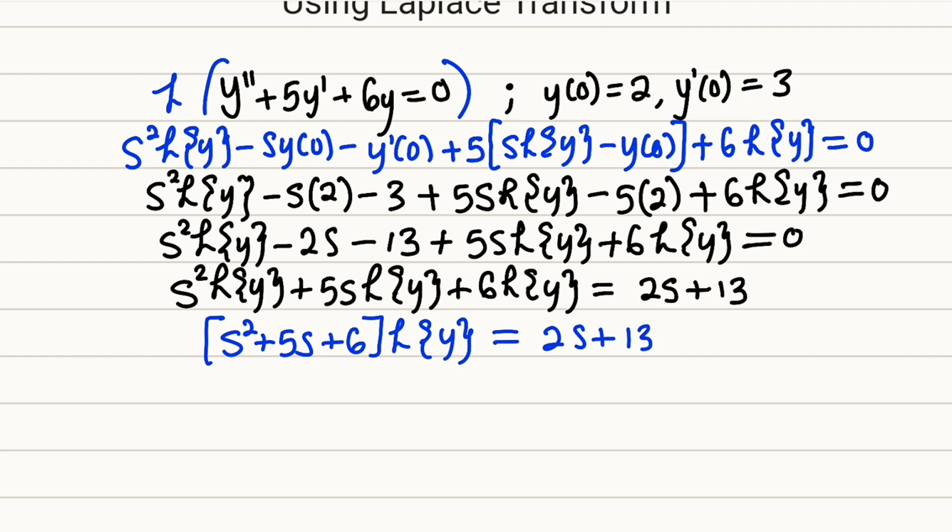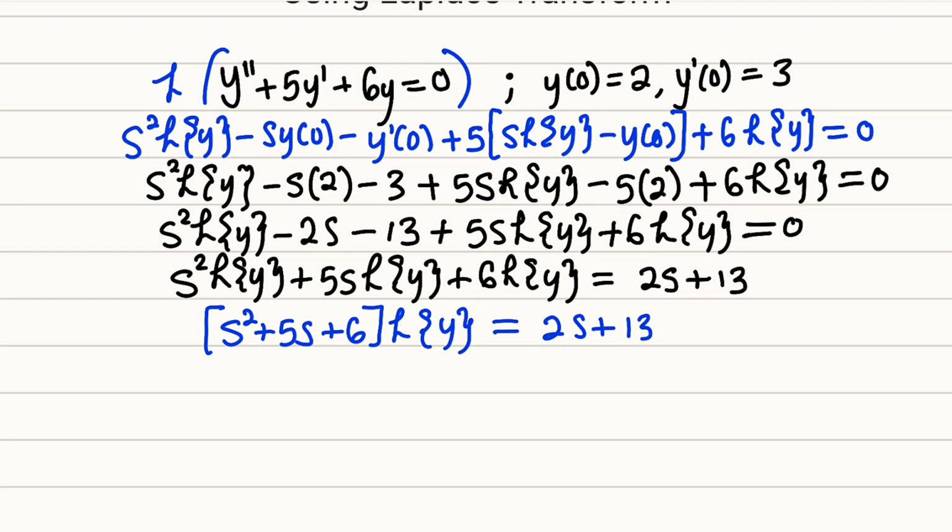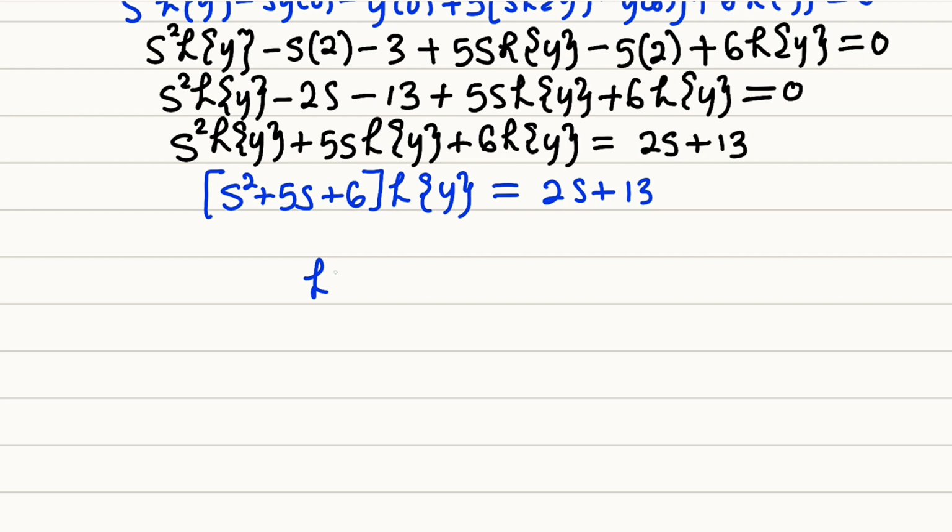Now to have the Laplace transform to the left, we can divide both sides by s squared plus 5s plus 6. So the Laplace transform of y to the left, and to the right we have 2s plus 13 divided by s squared plus 5s plus 6.